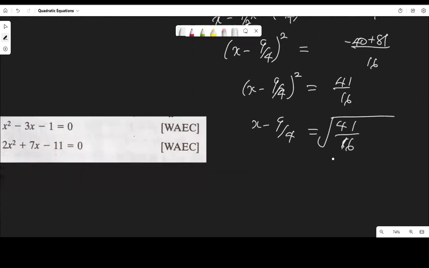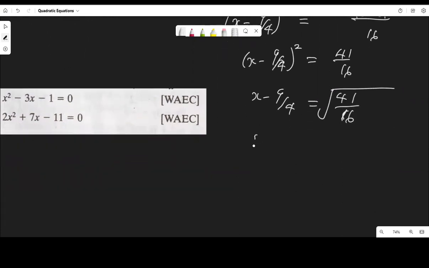And square root of 41, we cannot take that. This is supposed to be plus or minus. And I move this to the other side, it becomes 9 over 4 plus or minus root 41 over square root of 16 is 4.